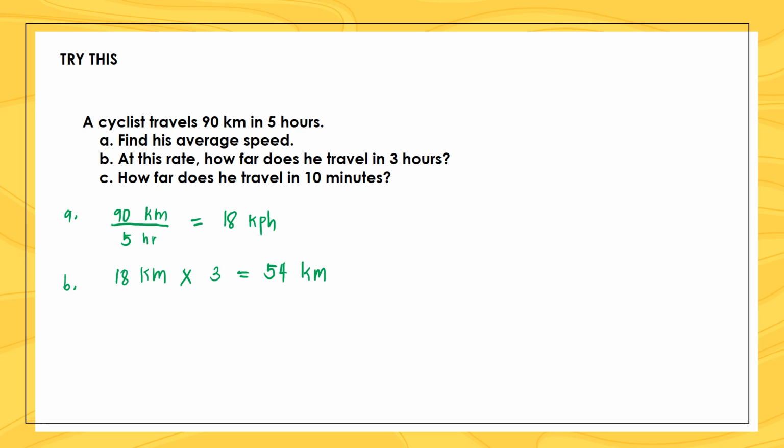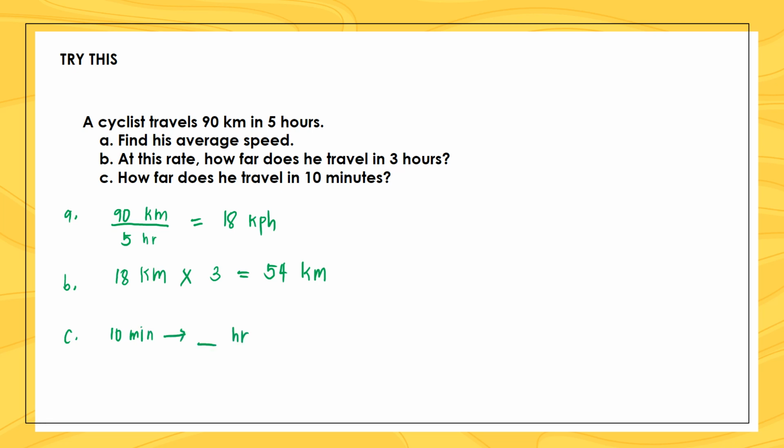And anyway, let's proceed with letter C. How far does he travel in 10 minutes? In letter A, we know his average speed, or the distance he could travel in an hour. So what about for letter C? How far does he travel in 10 minutes? Just like the previous example, we will convert 10 minutes into an hour.